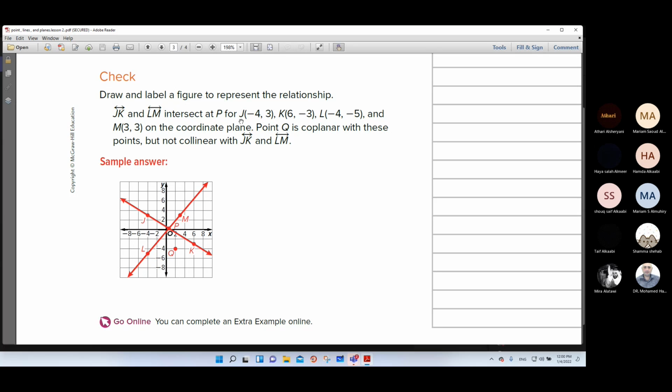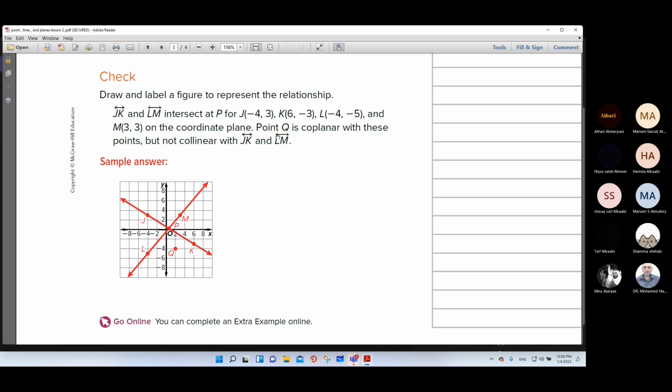J is the ordered pair -4, 3. K is 6, -3. L is -4, -5. And M is 3, 3.